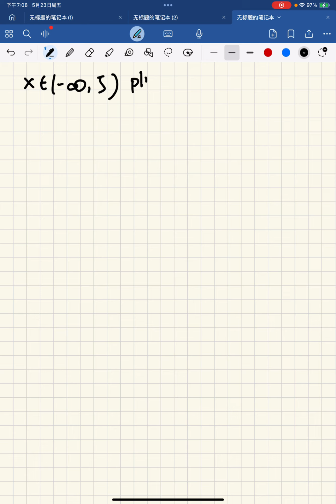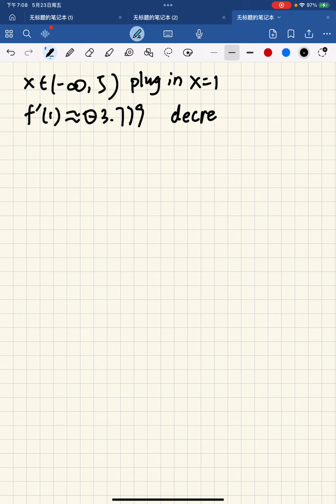We're gonna plug in x equals to 1 and do a first derivative test, and it will equal approximately negative 3.779. So because this is a negative sign, we can know that at this interval the graph of the equation is decreasing.